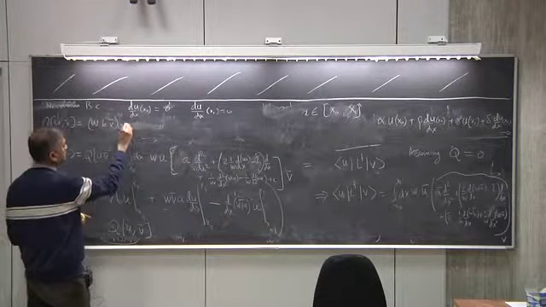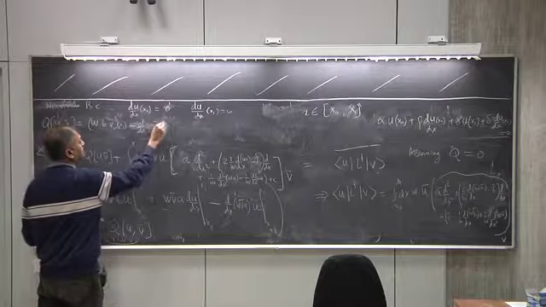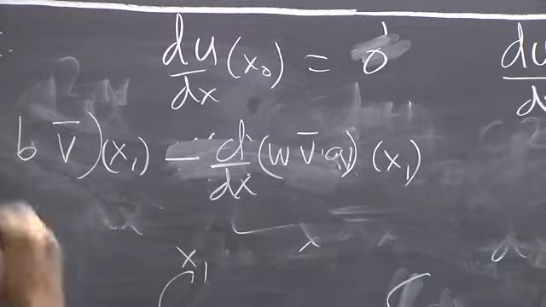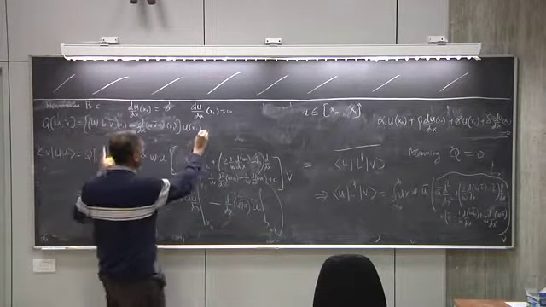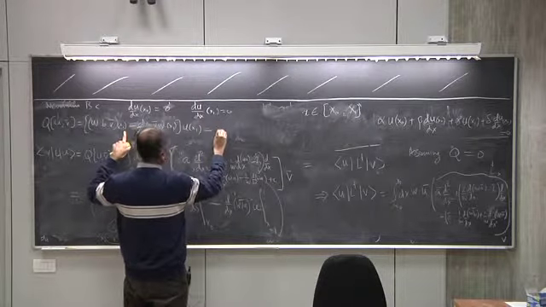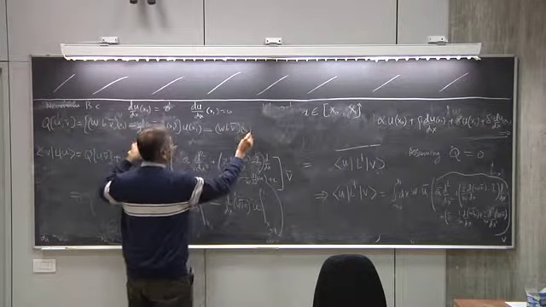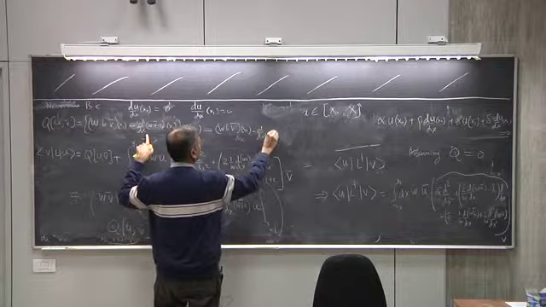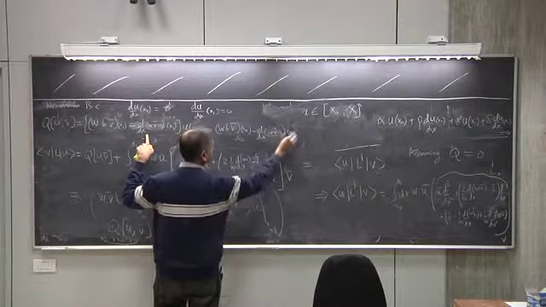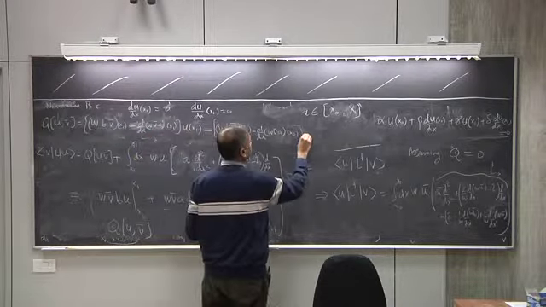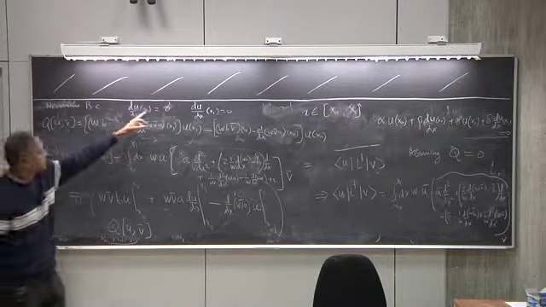So that is this minus d/dx acting on w v bar a, evaluated at x1, all multiplying u at x1. And similarly, minus the same thing at x0, multiplying u at x0. That is what this Q became for this Neumann boundary condition.